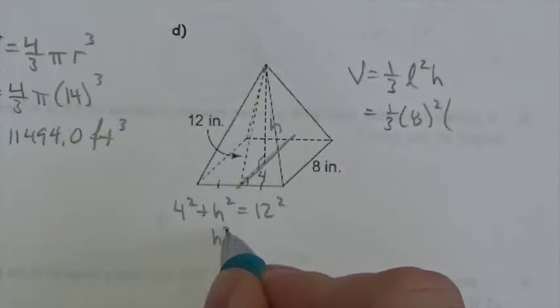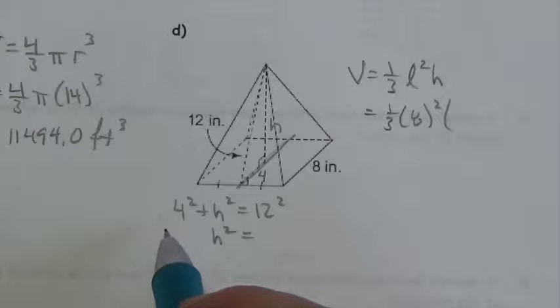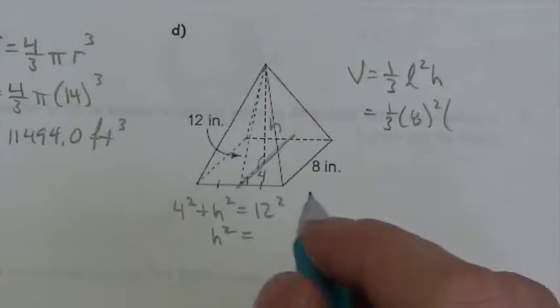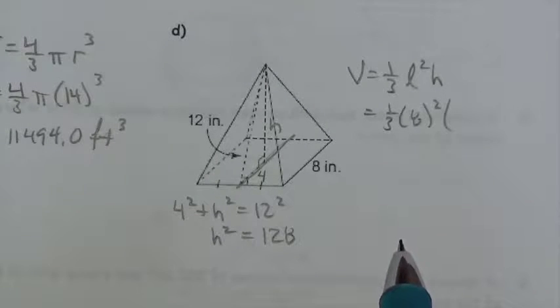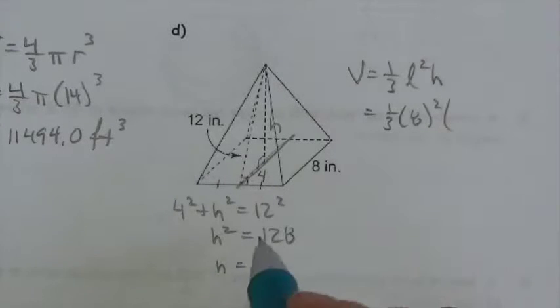Okay, we'll go through this a little bit quicker here, because I know that 12 squared is 144. And I know that 4 squared is going to be 16. So if I bring that 16 over, 144 minus 16 will be 128. Okay, and I'm going to take the square root. And so this will be the positive square root of 128.